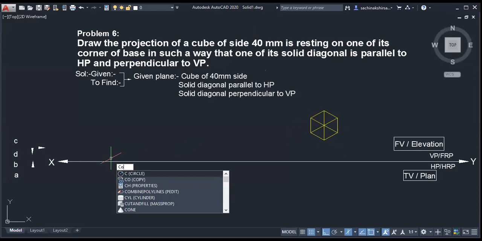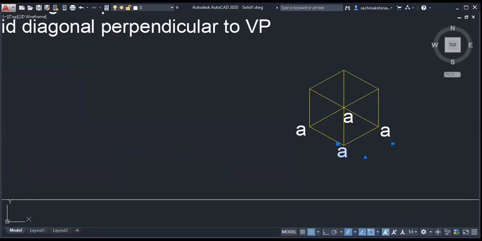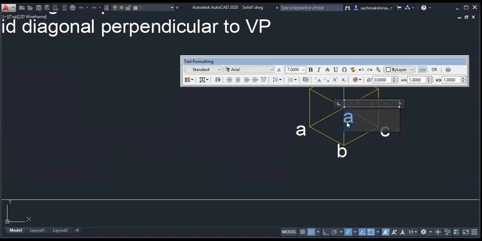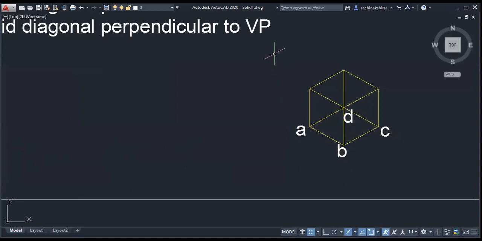A, B, C, D as the base. Similarly for the top, I will give names 1, 2, 3, 4. Here 1, here 4, then here C I will give as 3, and here B I will give as 2.